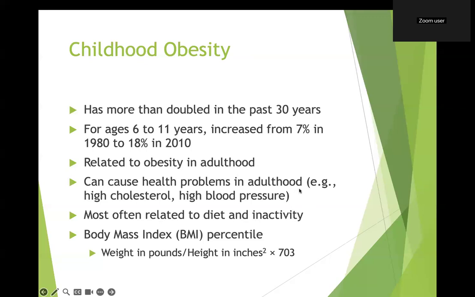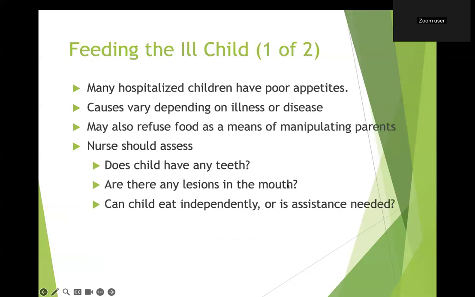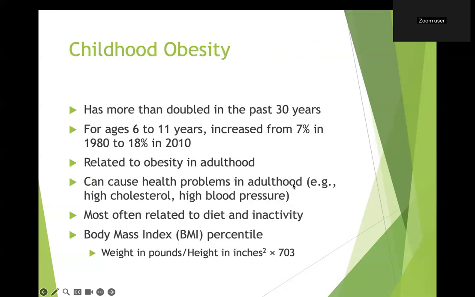Not always, of course, there's always exceptions to everything, but typically that's what you'll see. So it can cause health problems in adulthood. Obviously, we know this: blood pressure, cholesterol, and of course, insulin regulation, most often related to diet and inactivity. And then body mass index or BMI is important to keep in mind too.